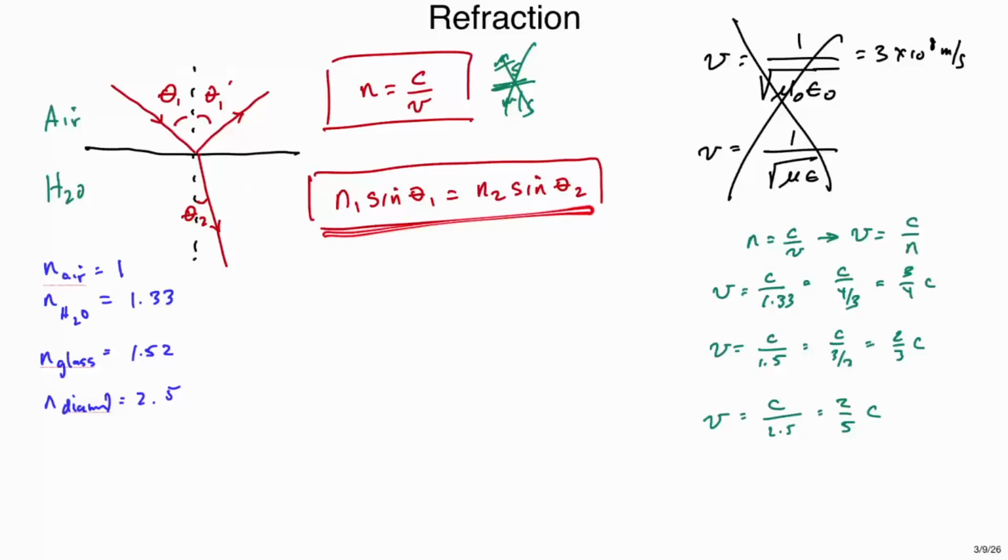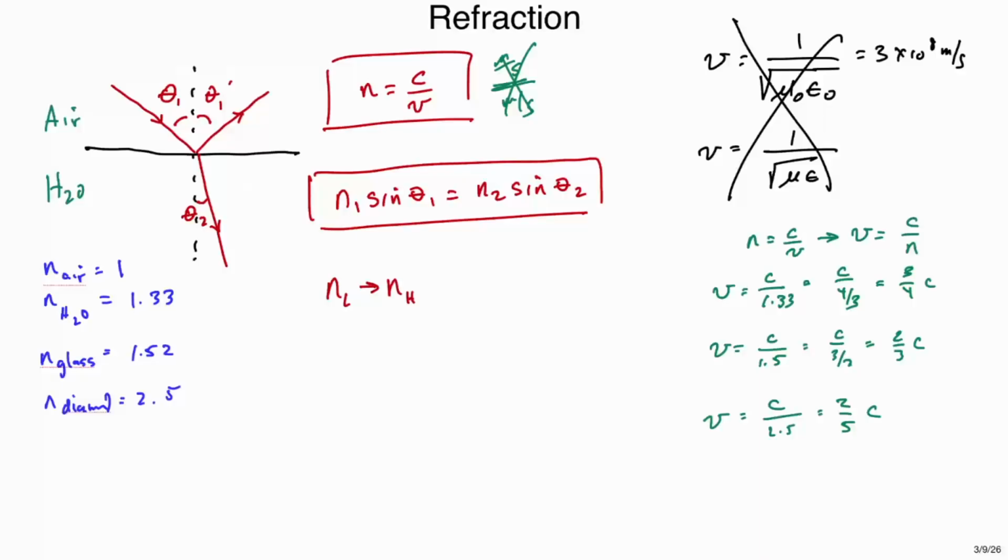You can do this if you want, though I don't recommend it. You can go in here and play around with Snell's law to see what's going on with these angles. This is how I like to write it: when you go from a lower index of refraction to a higher index of refraction, so n low to n high, it doesn't matter what the actual indices are.